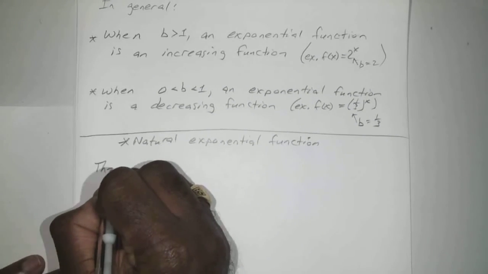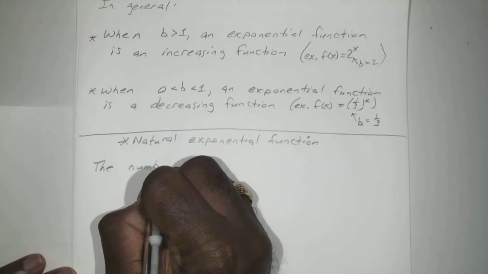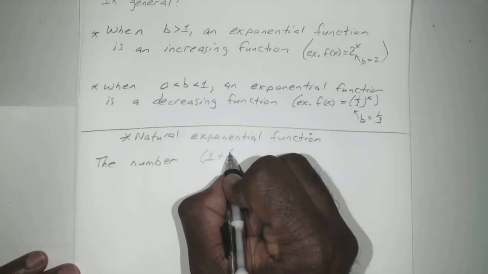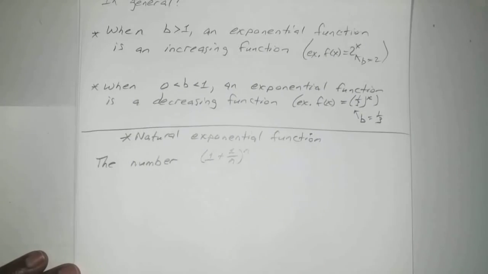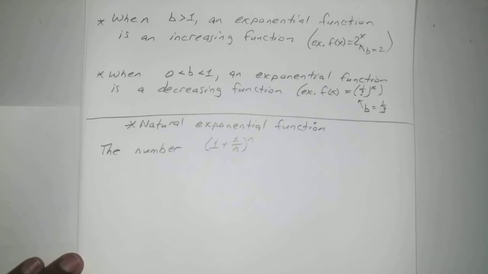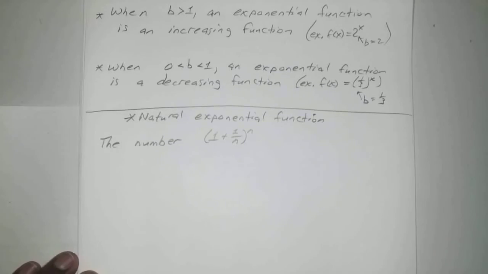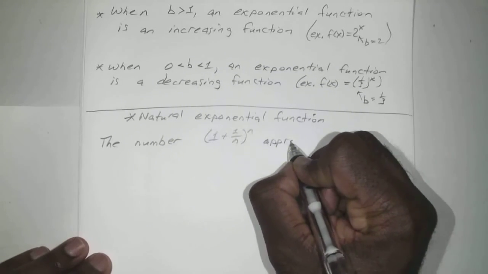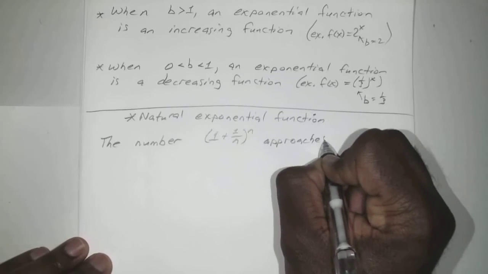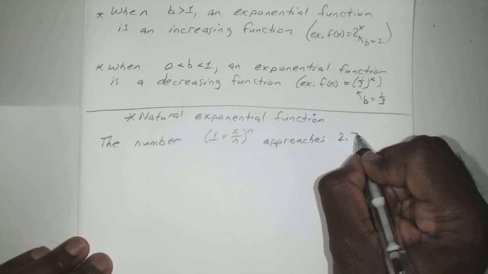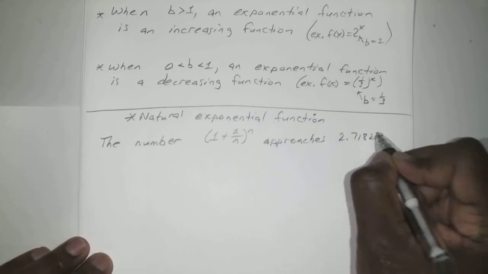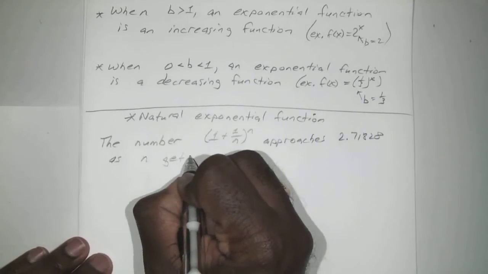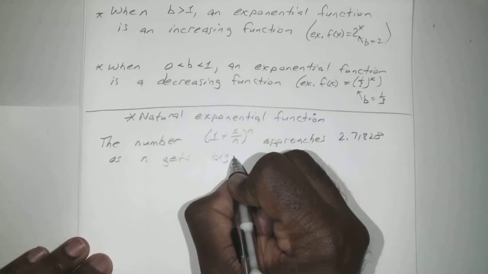Okay, so what if we have the number 1 plus 1 over n to the nth power? And we know that it approaches 2.71828 as n gets bigger.